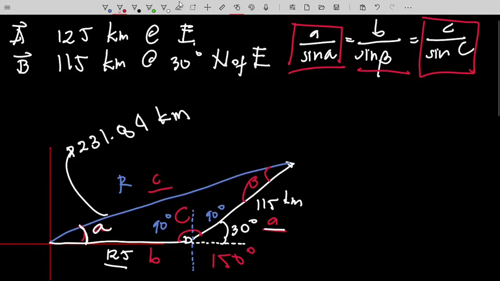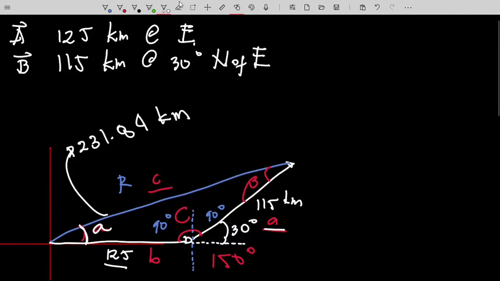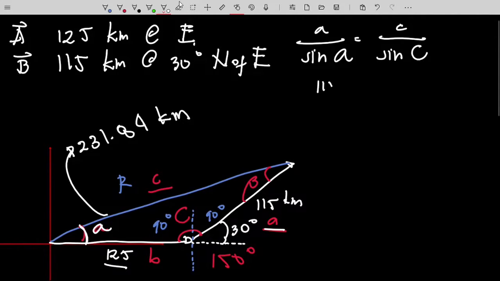So let's rewrite this formula. We now have side A over sine angle alpha and side C over sine angle C. Now let's rewrite the given. Side A has a value of 115 kilometers, and just copy sine A because this is what we are looking for.